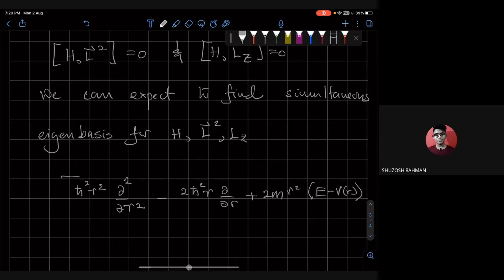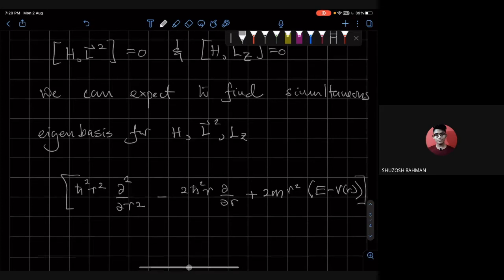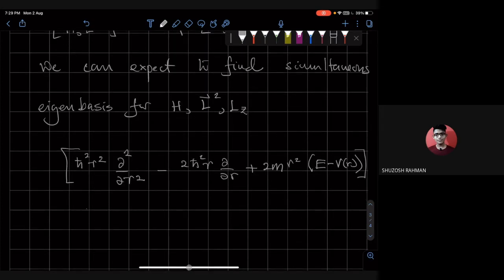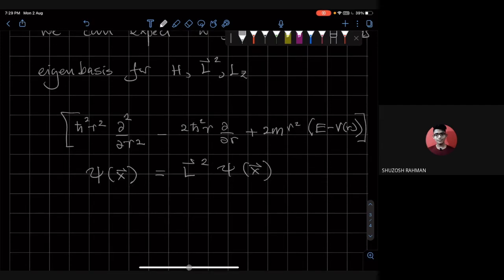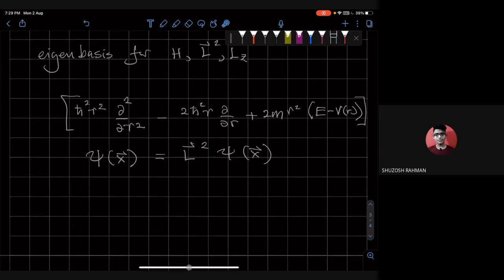So this is the r-dependent operator, and it'll act on psi, and that's equal to L squared psi. Okay. So we see that the operator on the left only depends on r, and the operator on the right only depends on theta and phi. So this means that the differential equation we are working with is amenable to separation of variables, right?